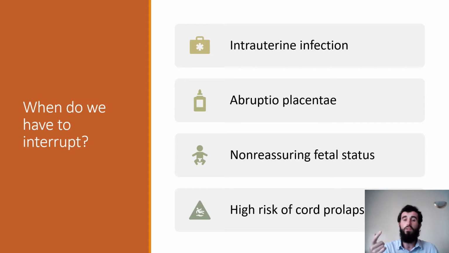If we also have abruptio placenta, we have to deliver and interrupt immediately. The same when we have non-reassuring fetal status, and also when we have high risk of cord prolapse. So these are the same situations that we saw in the previous slide, the contraindications of the tocolytics. In these situations, we have to interrupt the pregnancy. Of course, we want to have the 48 hours for the corticosteroids to produce their action.